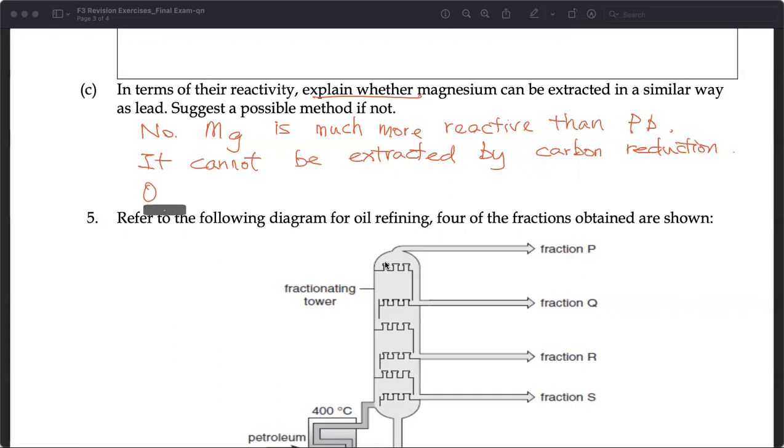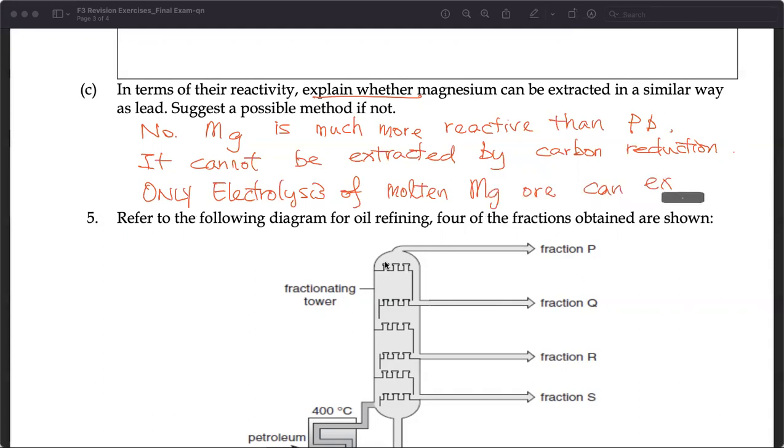So only electrolysis of molten magnesium ore can extract magnesium out. So we have to electrolyse the molten magnesium ore instead of simply using carbon reduction. This is question 4.